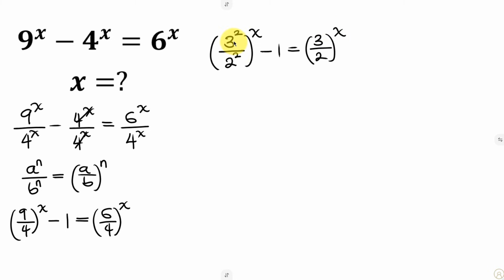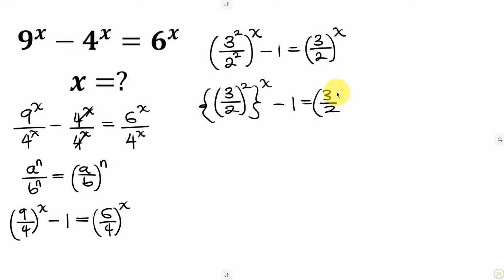Very good. Now we can apply the power law of indices here, just as what we have here. So this can be written as 3 over 2 raised to the common power of 2. And remember, this is raised to power x. So I'm going to be raising all this to power x, minus 1, equal to 3 over 2 all raised to the power of x.